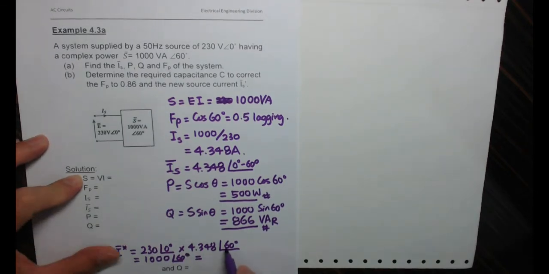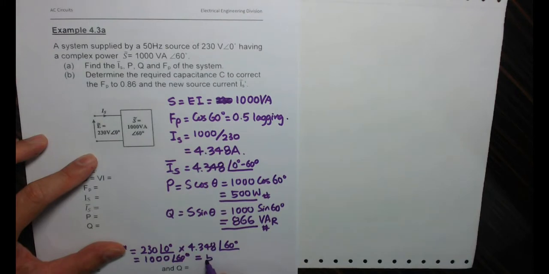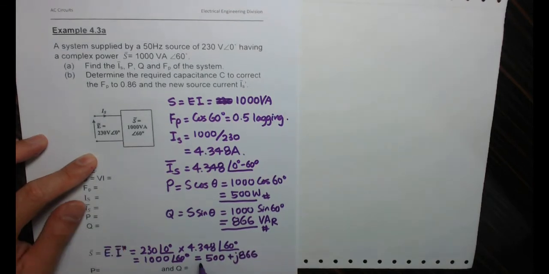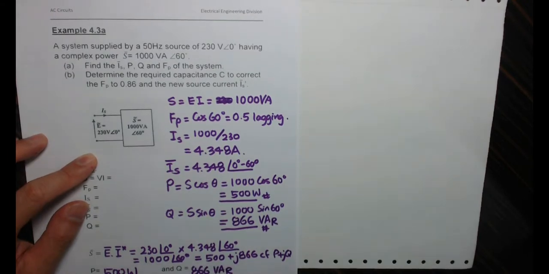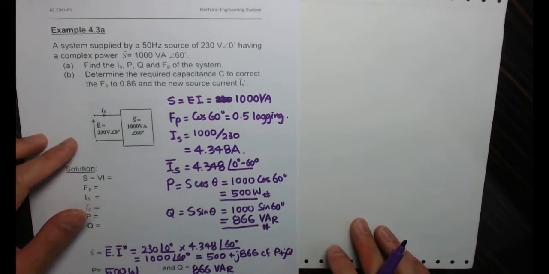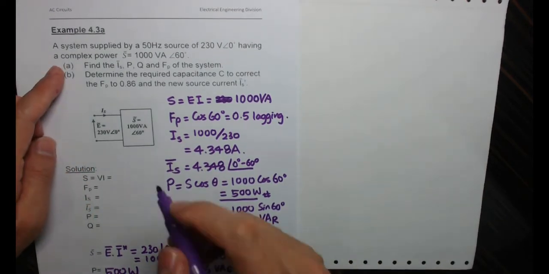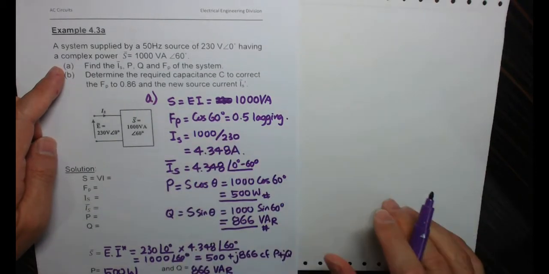Converting that to rectangular form is 500 plus j866. Compare this against the standard formula P plus jQ. So P is 500 watts, whereas Q is 866 VAR. Okay, so that's part A.